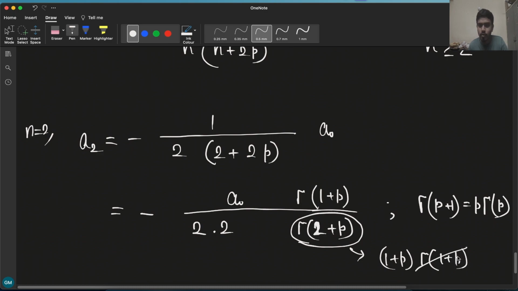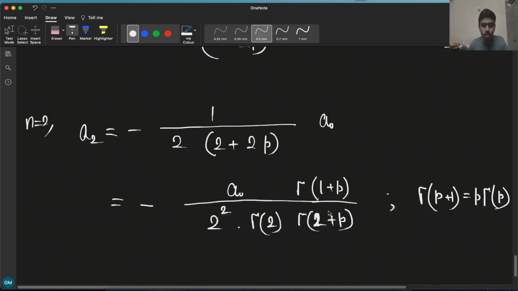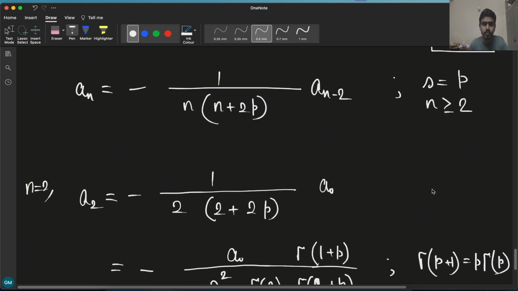This gamma of 1 plus p will cancel, and this 1 plus p will remain in the denominator. And this 2 times 2 I can write as 2 square, and here I can write gamma 2, because gamma 2 is 1.